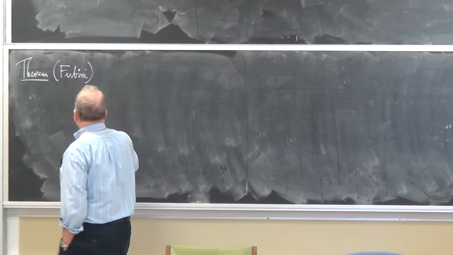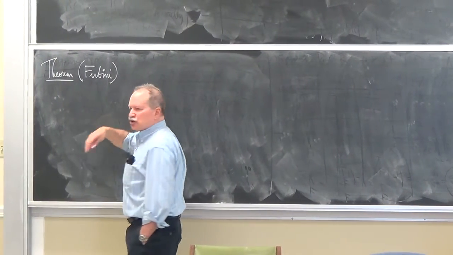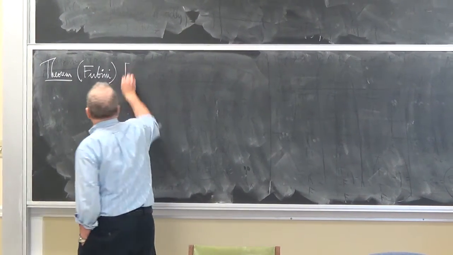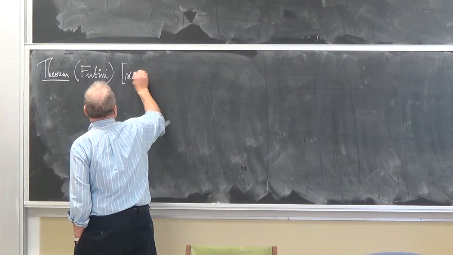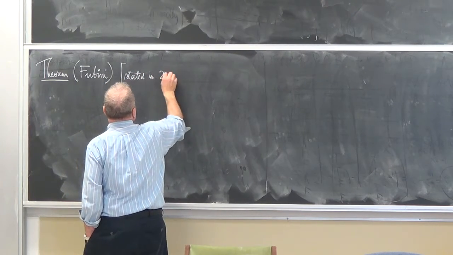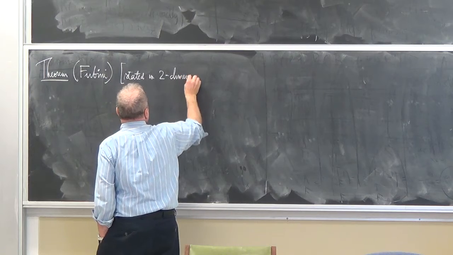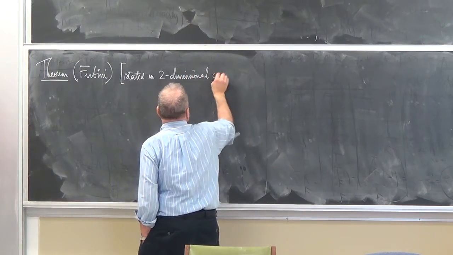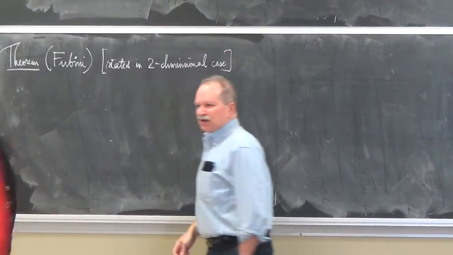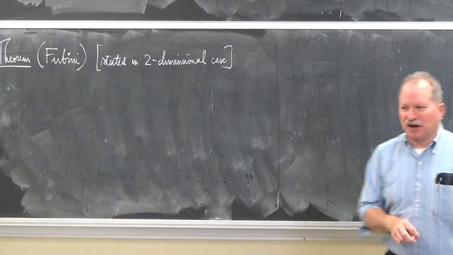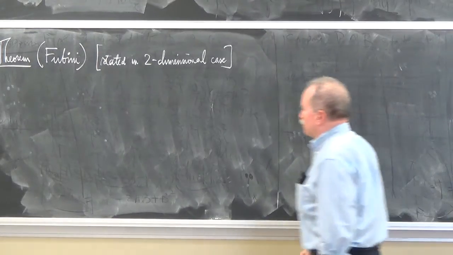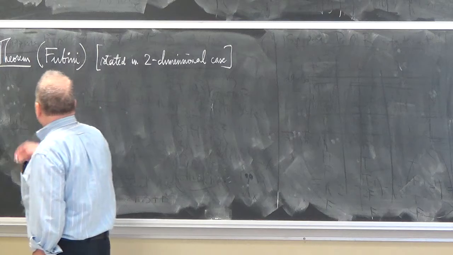All right, so here's the theorem. I'm going to state it just in 2 dimensions, but it holds in n dimensions as well. I think you'll find the general case stated in the book, but I'm not going to try to write down that notation. Okay, theorem.